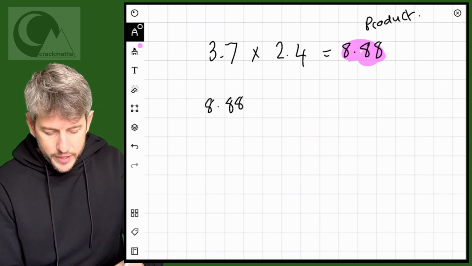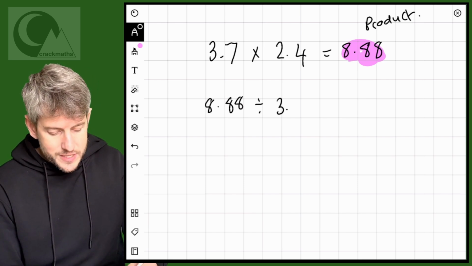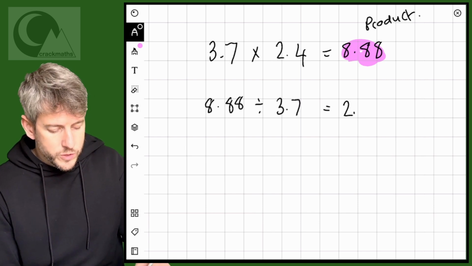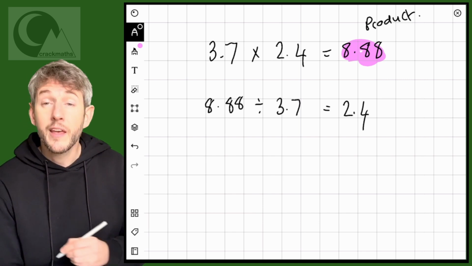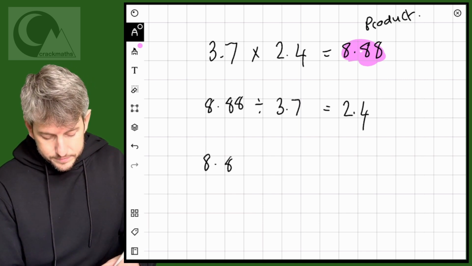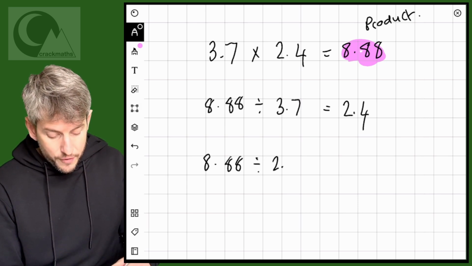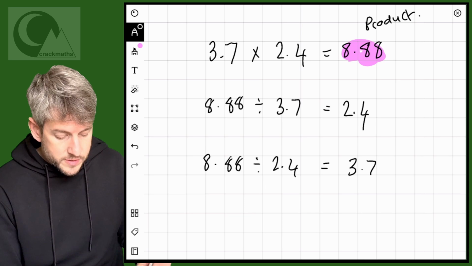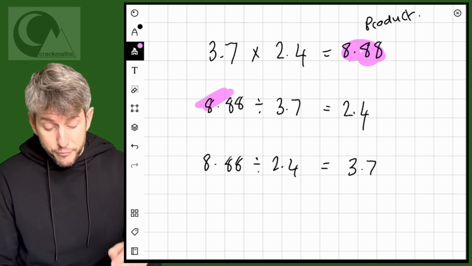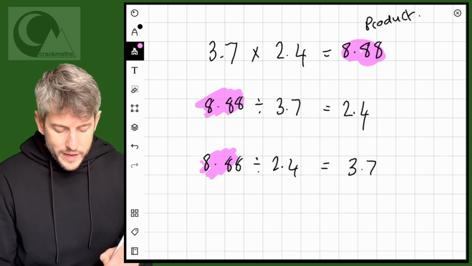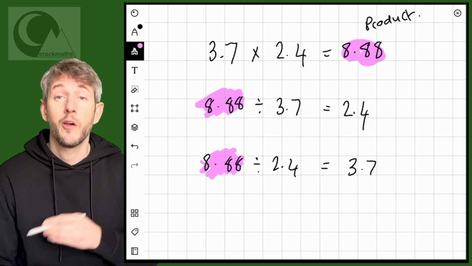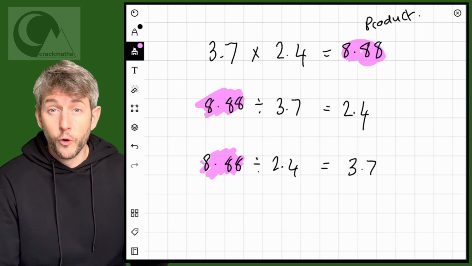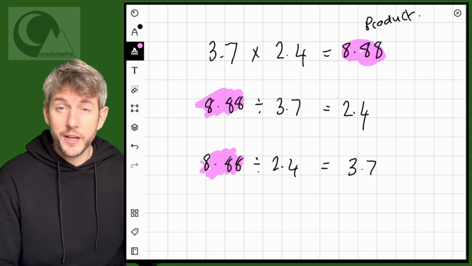So 8.88 divided by 3.7 will equal 2.4, and 8.88 divided by 2.4 will equal 3.7. So remember, the product always goes first in the reverse calculation for multiply and divide.